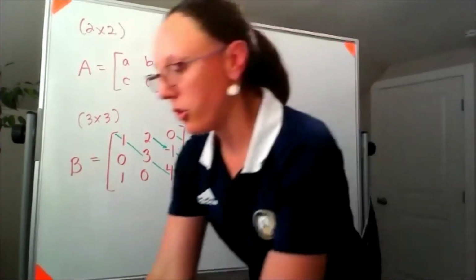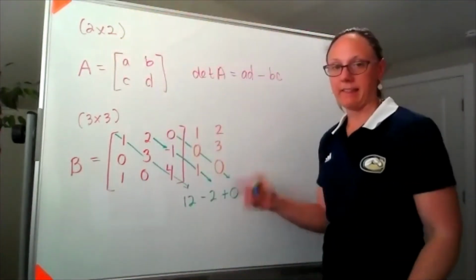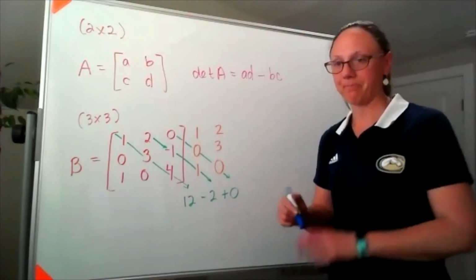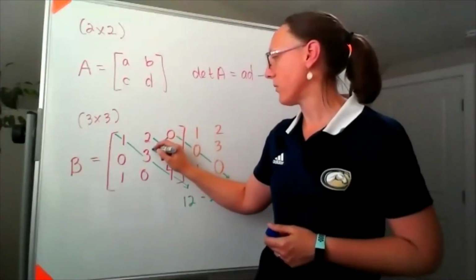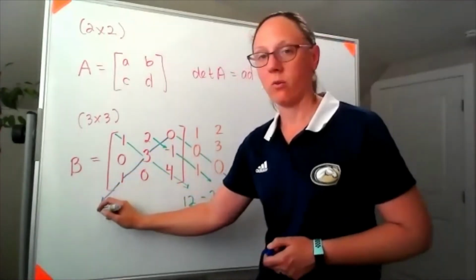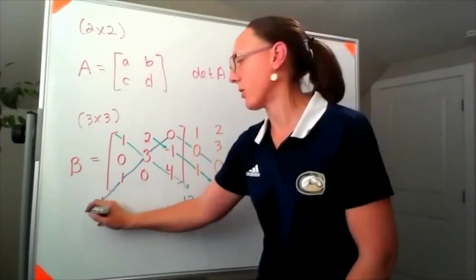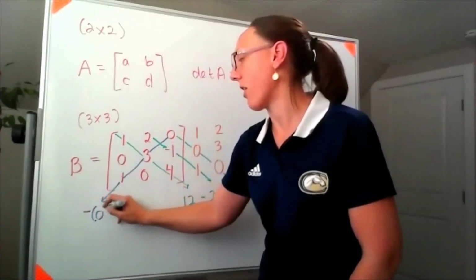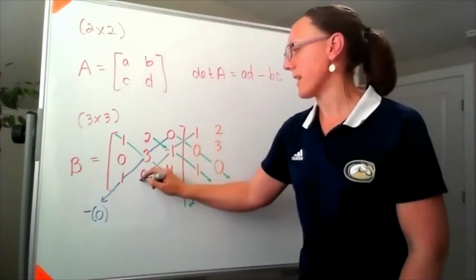Then we're going to come through and go the other direction, and these we're going to make negative. So I'm going to go 0 times 3 times 1 and get 0, but just for completeness, I'm going to write this as negative 0. Then I'm going to have 1 times negative 1 times 0, so that's also a negative 0.